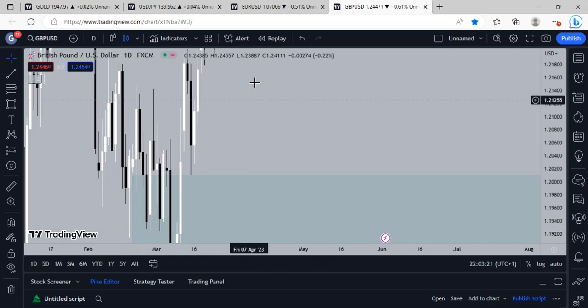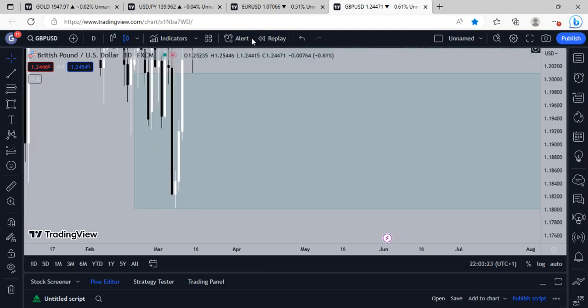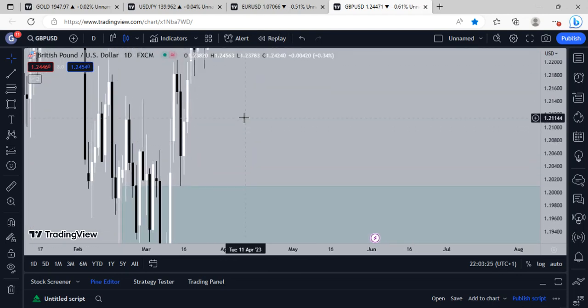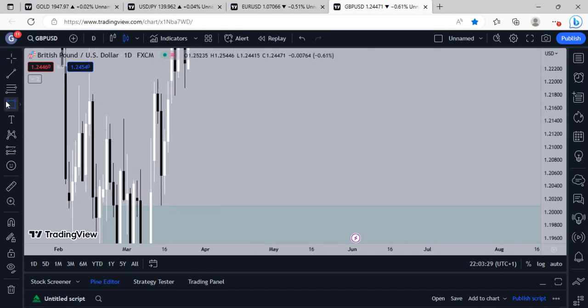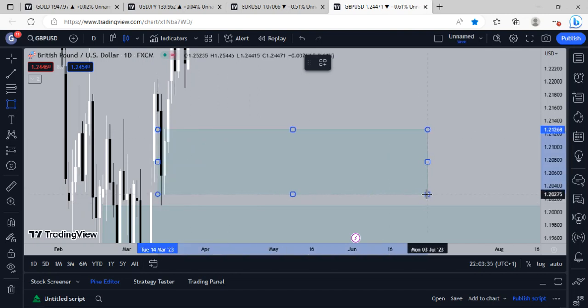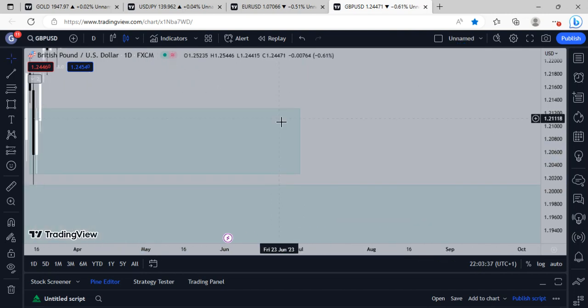Looking at other pullbacks, this can be our order block. That can be an order block.